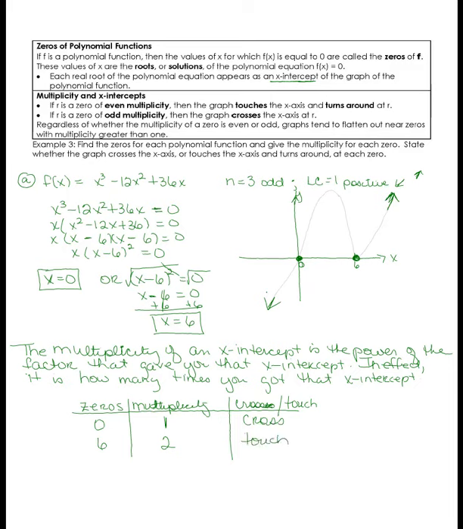Okay, so I know that when I draw this line, it's going to cross at 0. Somewhere it's going to go up, and then it's going to go down to 6, and it's just going to touch, bounce, and move up that way. That's what this is saying.